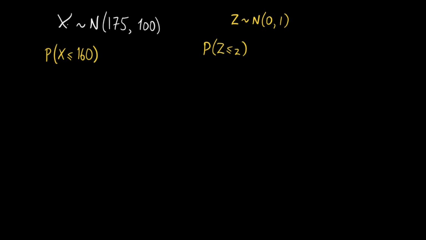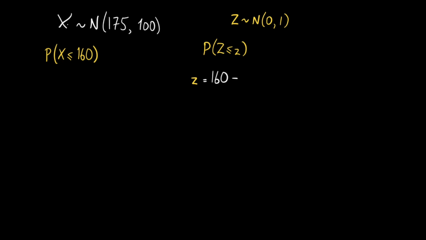So we can say that little z, this value here, which is equivalent to 160, is going to be equal to the observed 160 minus the expected value of x.